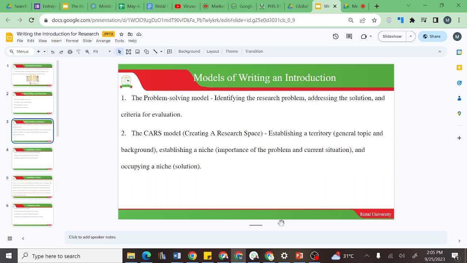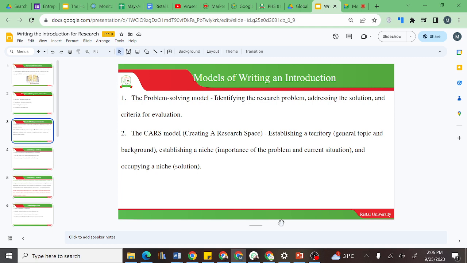Okay, so this is to say that there is a research problem that you have, and then you are going to describe the solution to the research problem and how performance evaluation can be done. That is the criteria for evaluation.